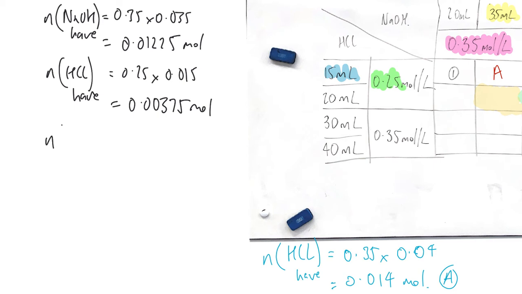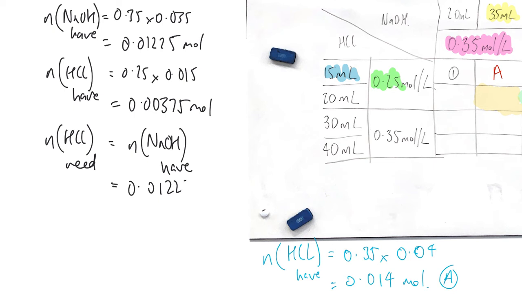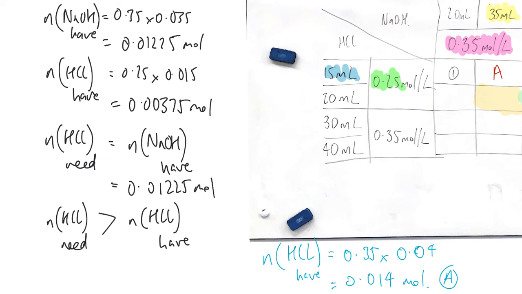Okay, number of moles of HCl that I need is equal to the number of moles of NaOH that I have, which happens to be 0.01225 mole. Therefore the number of moles of HCl that I need compared to the number of moles of HCl that I have, which one's bigger? It is the number of moles of HCl that I need. Therefore, the HCl is the limiting reagent.